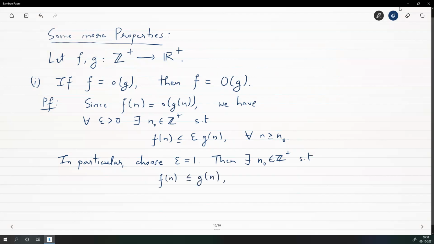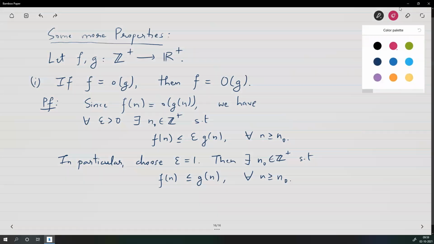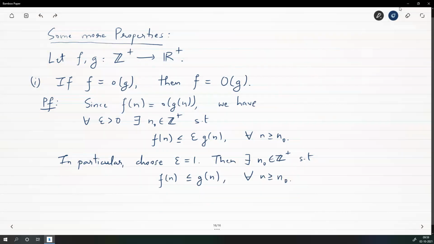So that is less than or equal to g of n for all n greater than or equal to n naught. And now that 1, the 1 that is here, is the constant c you're looking for in the big O notation. So this implies f of n is in fact big O of g of n.